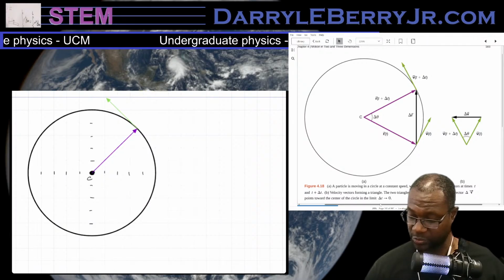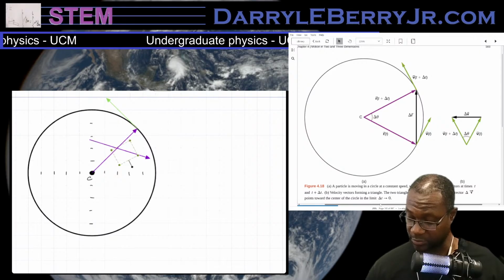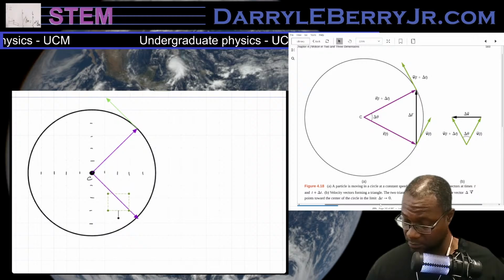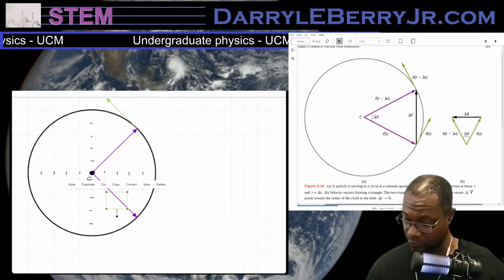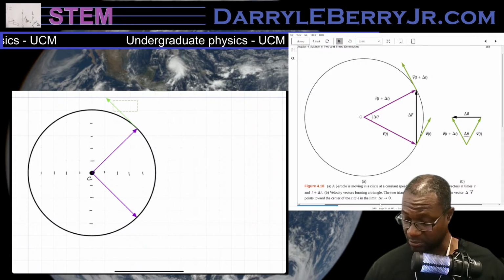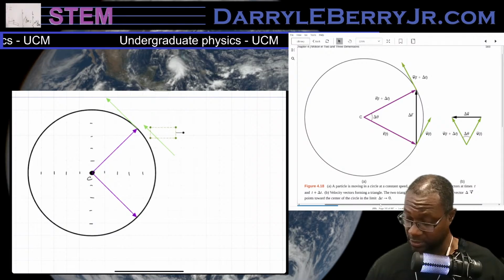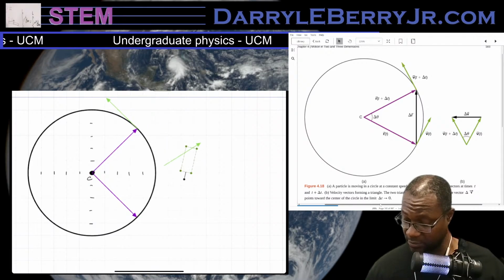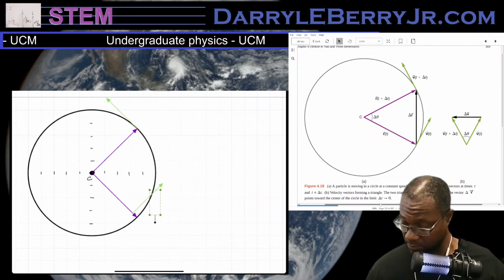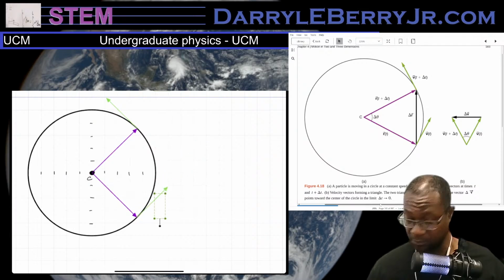I'll test something. I should be able to just rotate this 90 degrees and it should be perfect. There we go. And the same thing, I should be able to rotate this 90 degrees and it'd be perfect. There we go.